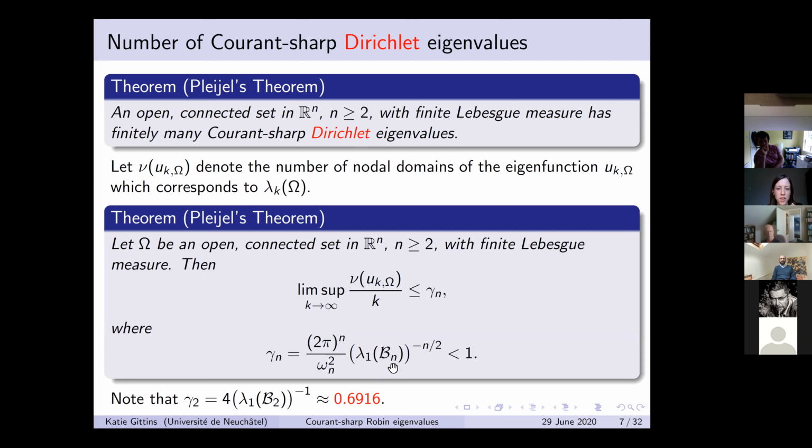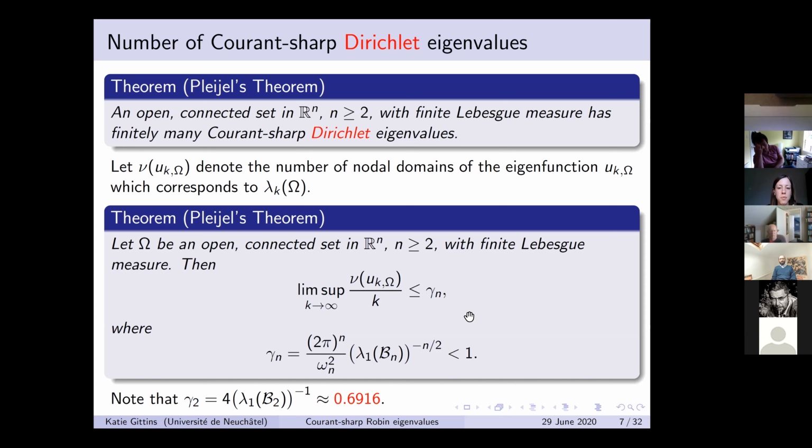B_n here is the ball in R^n of radius 1. And this constant, importantly, is always smaller than 1. So since the lim sup here is smaller than 1, we see that we have equality only finitely many times in the sequence. So there are only finitely many Courant-sharp Dirichlet eigenvalues.